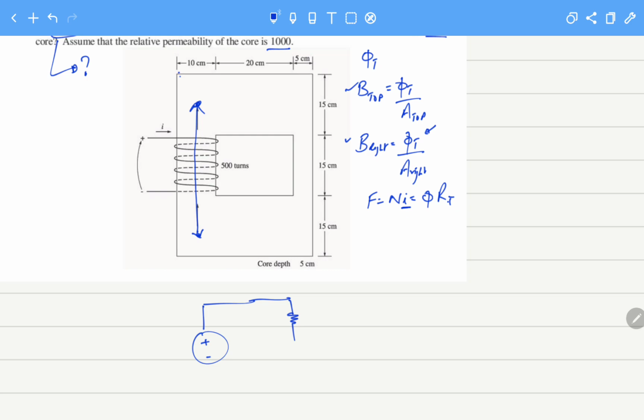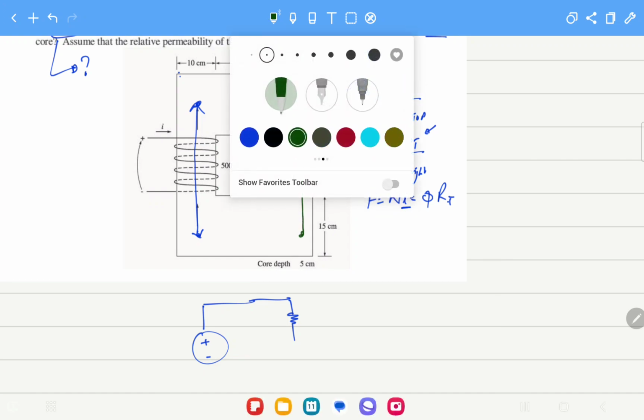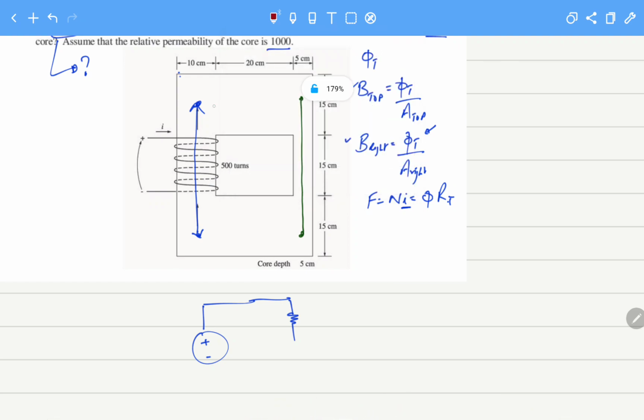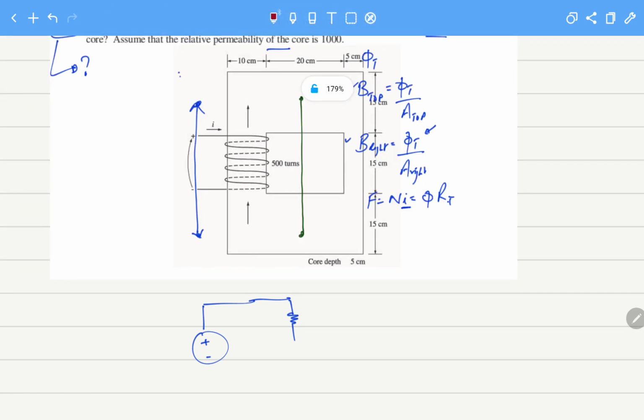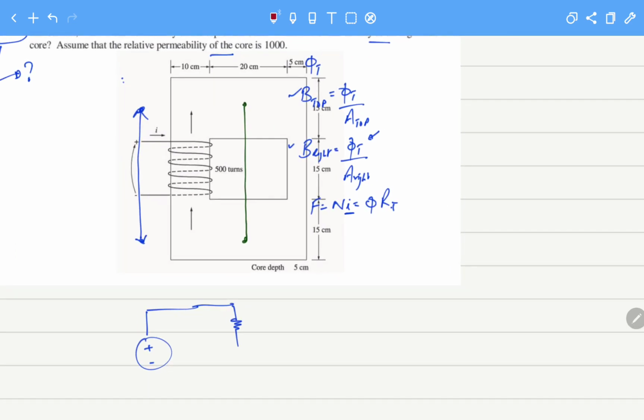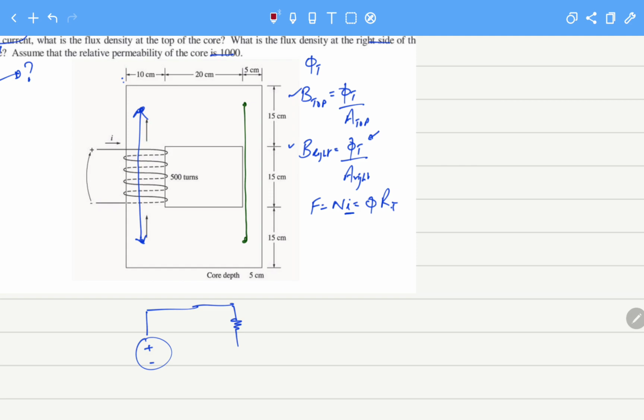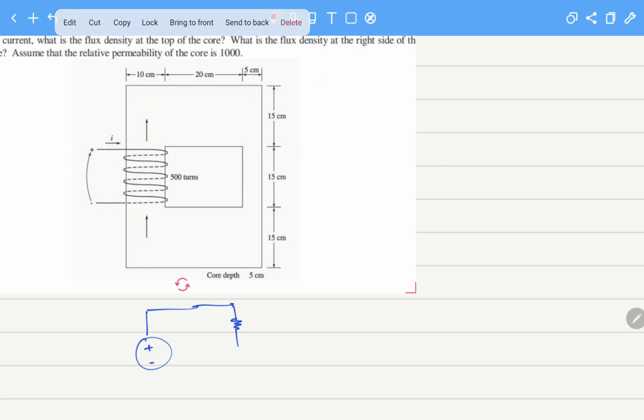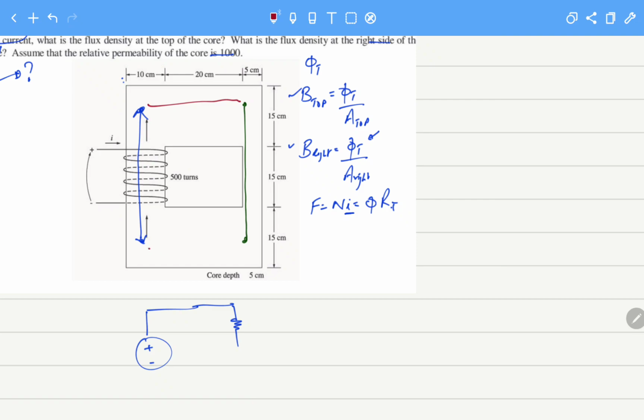Okay, so the reluctances in the core, we can see that we have the left side, then we have this side also, and then we have this side, and then this side, and we have this side, and they will be the same value of these two reluctances.